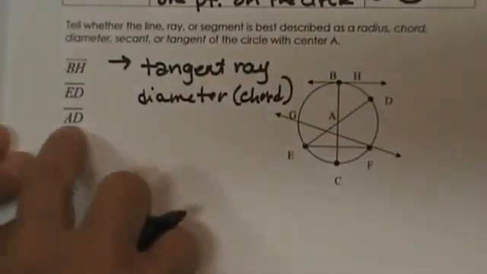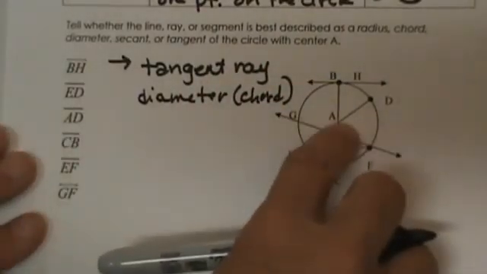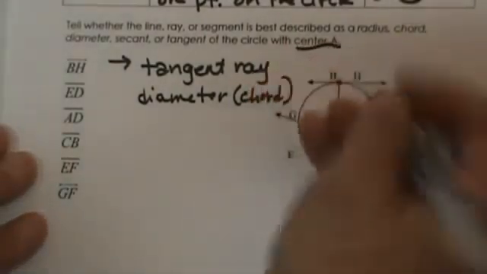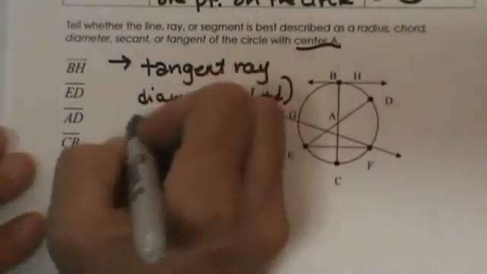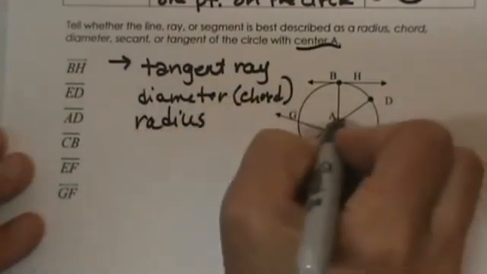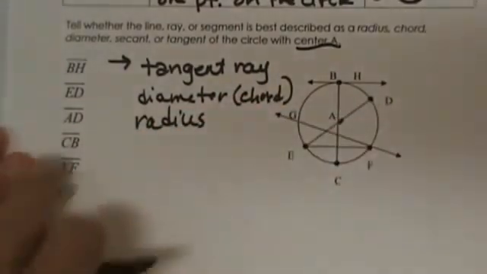Okay, how about AD? A is the center of the circle, and we call this circle A. So AD is a radius because it's from the center to the side.